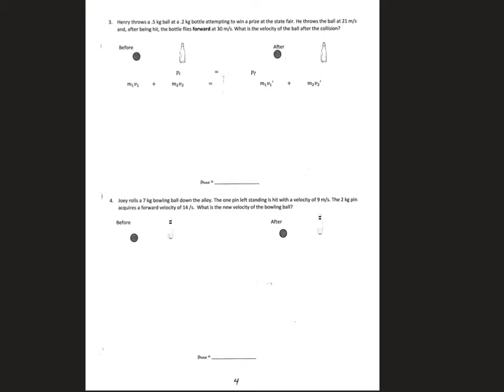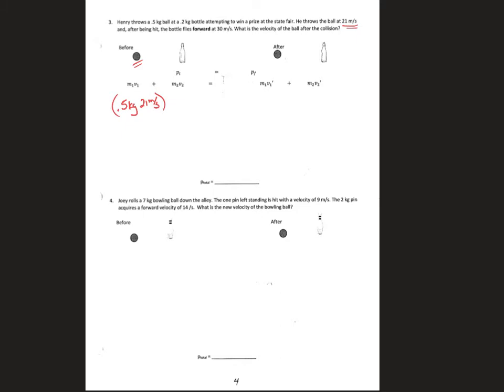So let's take a look at a collision between a ball that is being thrown at a stationary bottle. This is like a carnival or state fair kind of challenge. This is set up a little bit differently than in real life, because in this case the ball is quite heavy, 0.5 kilograms. And if you read about it, the thrower has a pretty good arm. 21 meters per second is like 40 miles an hour.